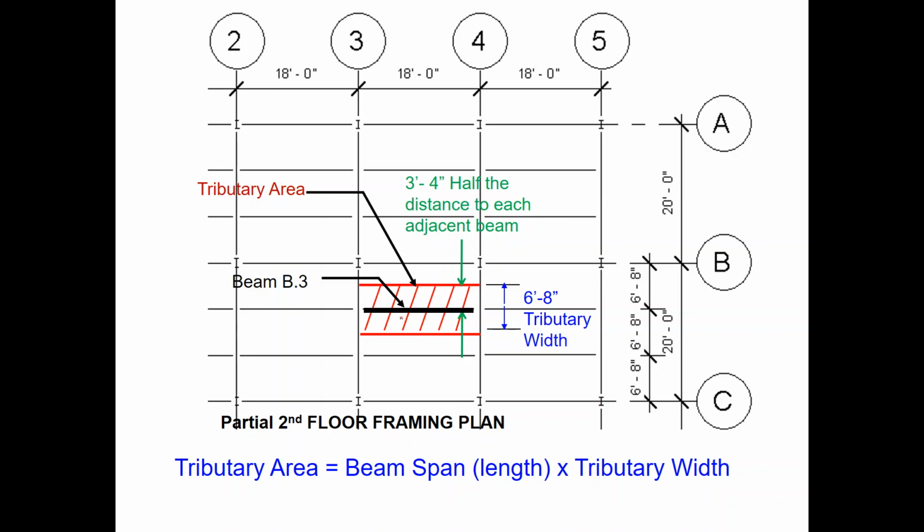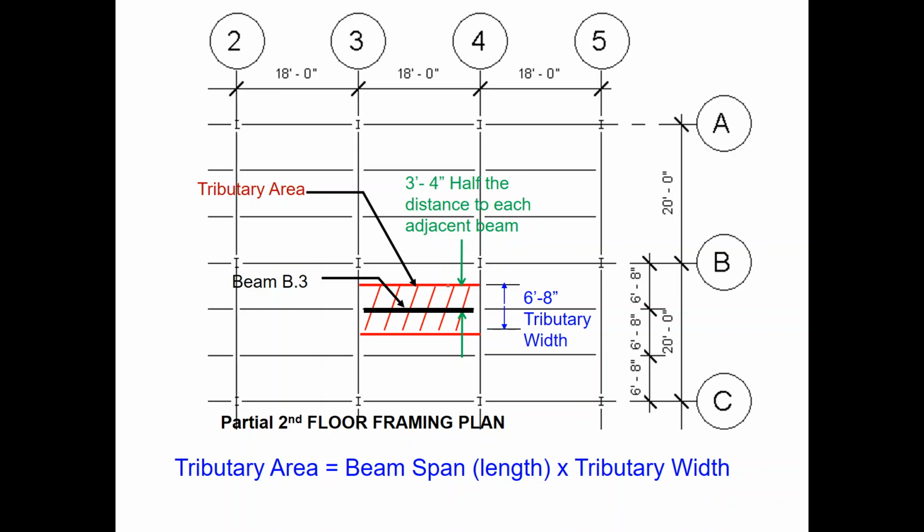So if we look at one of these individual interior beams, we can calculate the tributary area. This red area that's parceled out here, that's the tributary area. The tributary area for any beam is going to be the total area where loads are being chased from the floor into that beam.